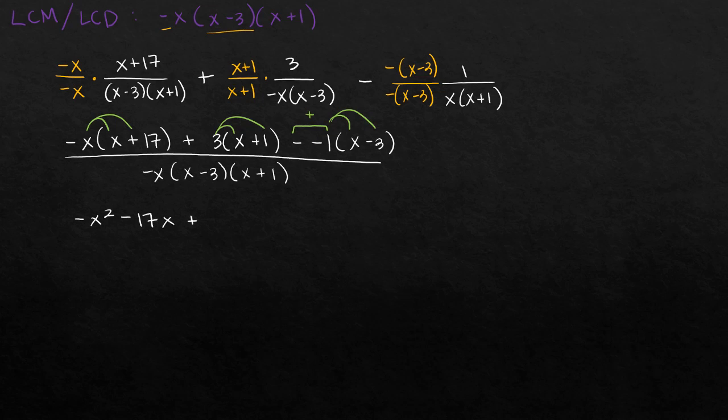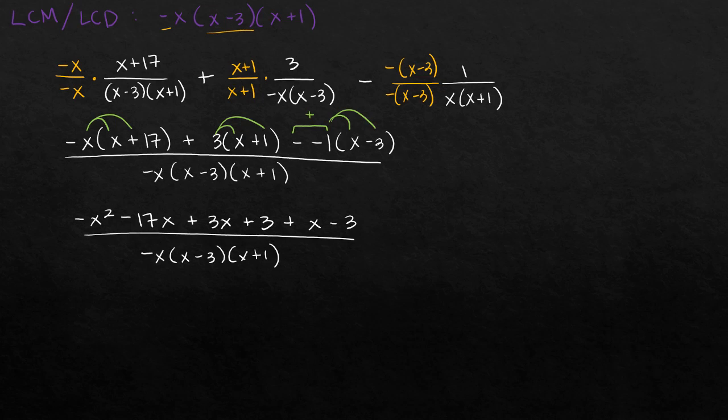Then we have plus 3x plus 3. And then we have plus x minus 3. Okay. And that's still over that same denominator. X minus 3, x plus 1.